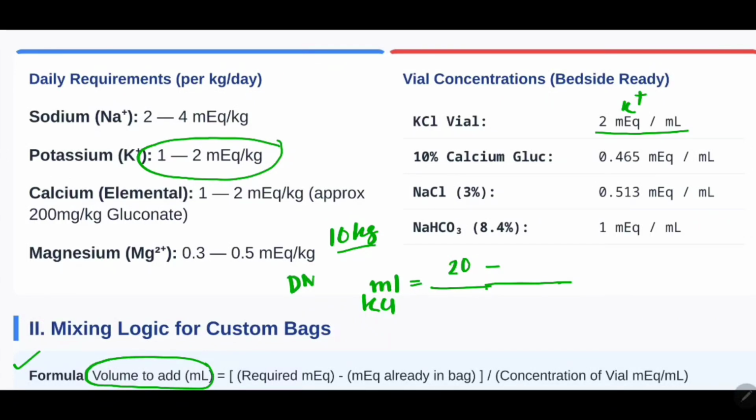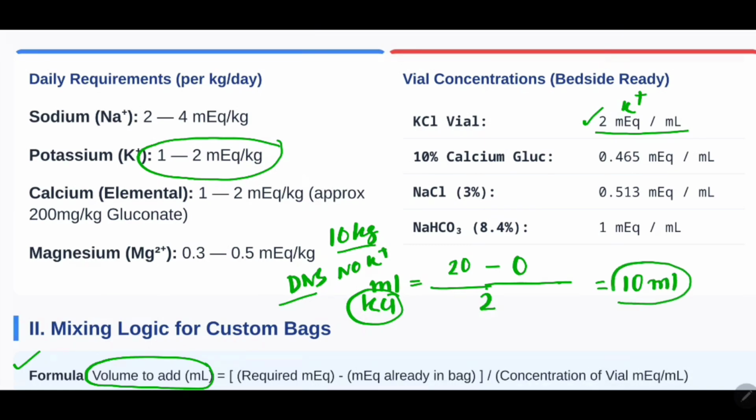In a DNS, there is no potassium, so already in bag is 0, and the concentration of the potassium chloride vial is 2 milliequivalent per ml. So it is 10 ml of potassium chloride to be added for a 10 kg child.